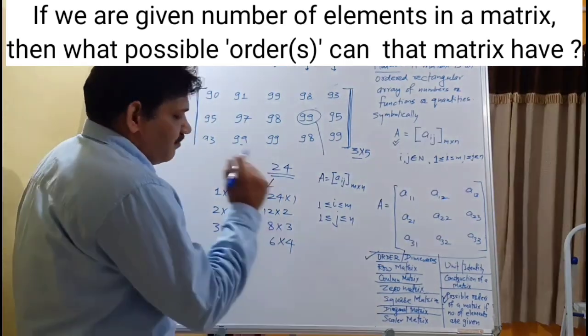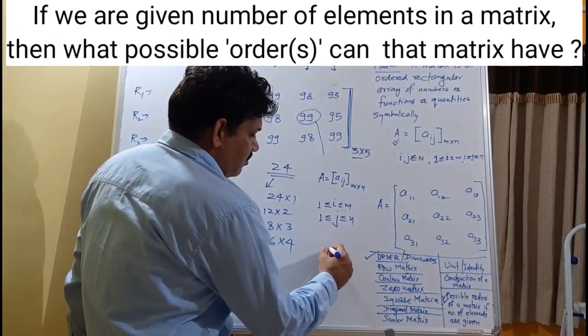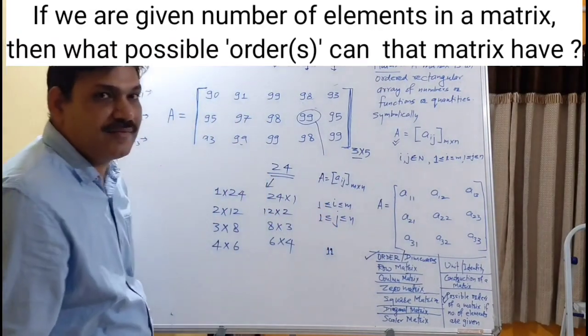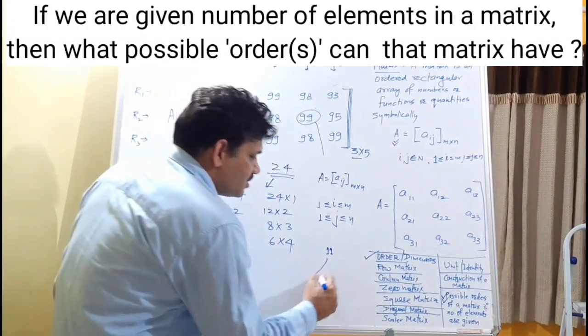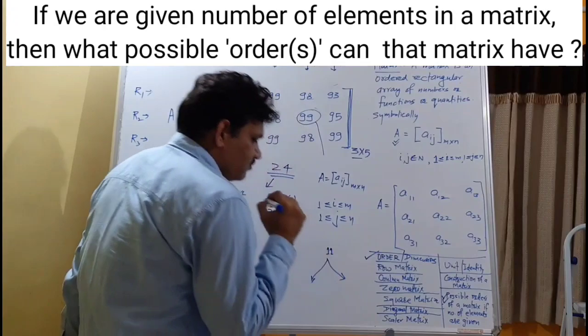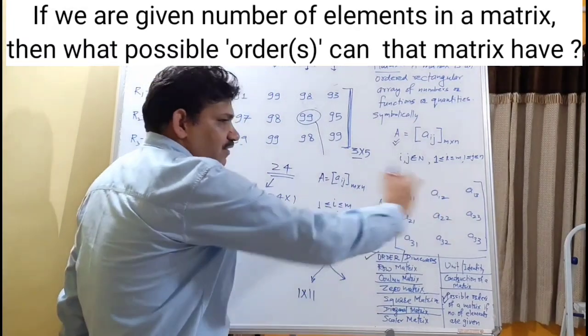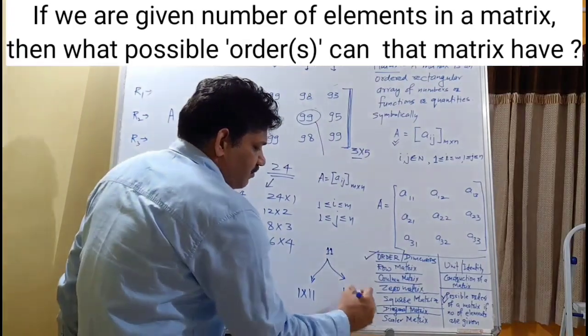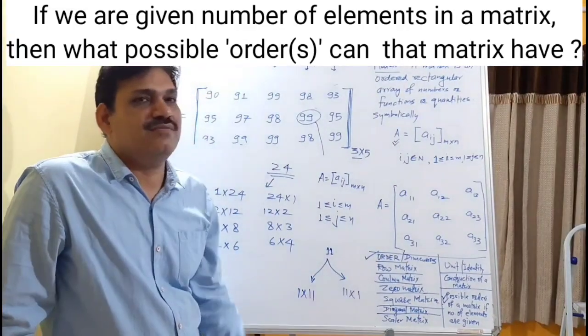Let's take one prime number, say 11. In how many ways can it be arranged in a matrix? So it can have two possible orders. See, 1 by 11, that is 1 row and 11 columns, or 11 by 1. It's not divisible by any other number. So there are only two possible orders.